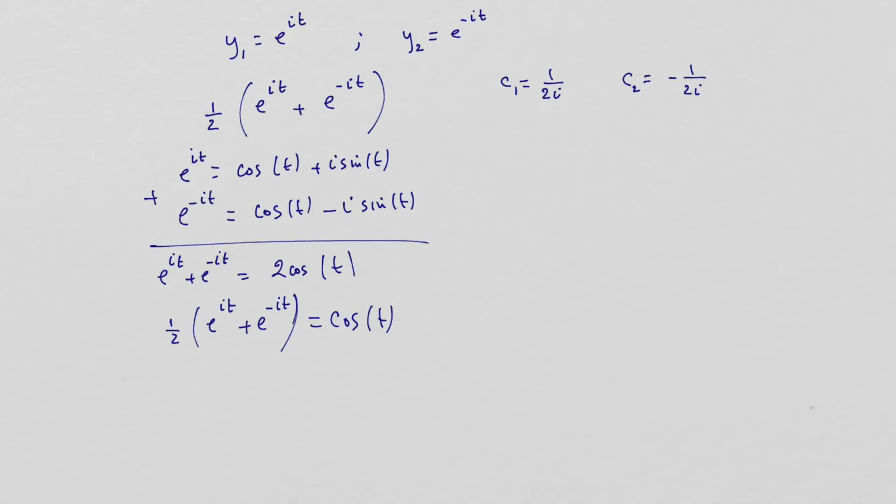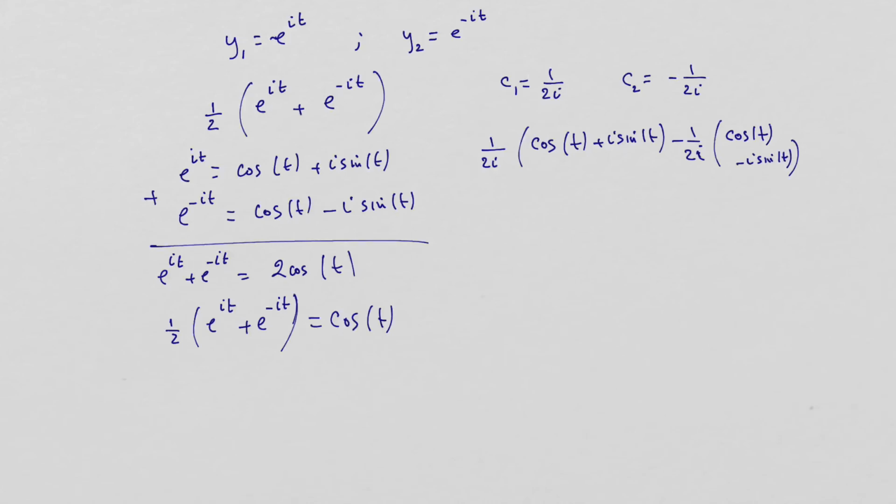And what I'm going to do, I'm going to add them again. I could have picked the same C called 1 over 2i, and I will subtract them, but this time I'm going to add them up. So if I add them up, I get 1 over 2i times cosine t plus i sine t minus 1 over 2i times cosine t minus i sine t.